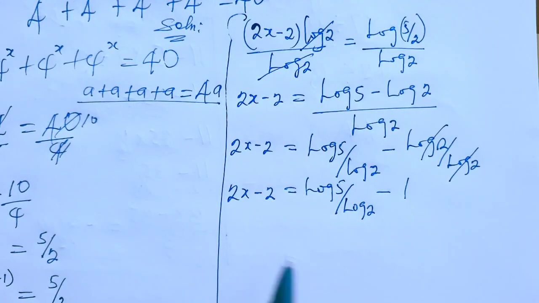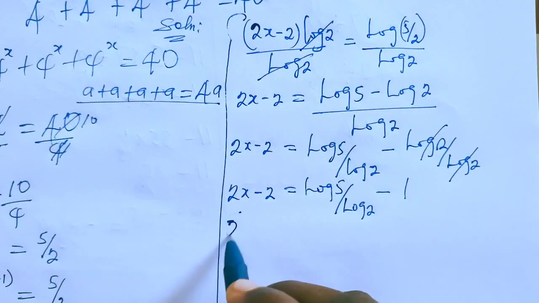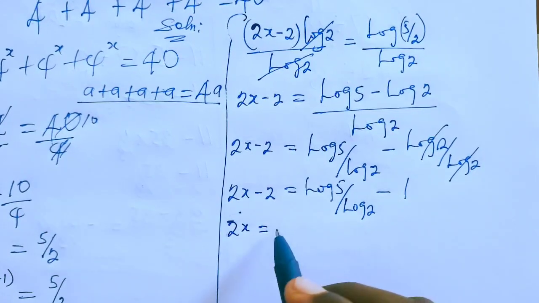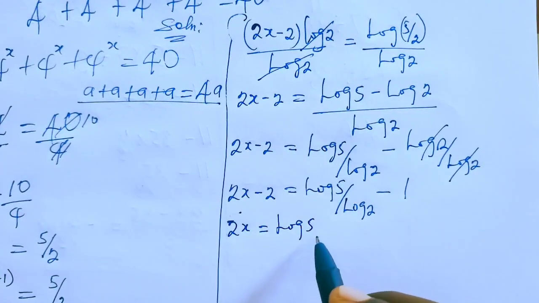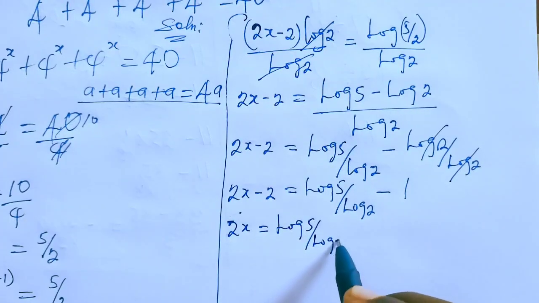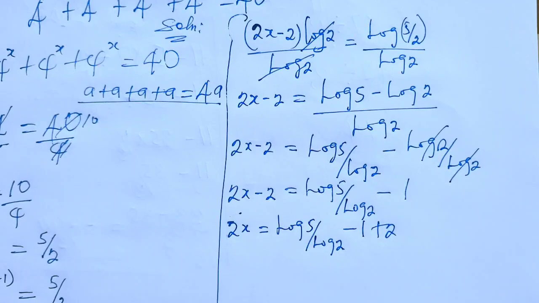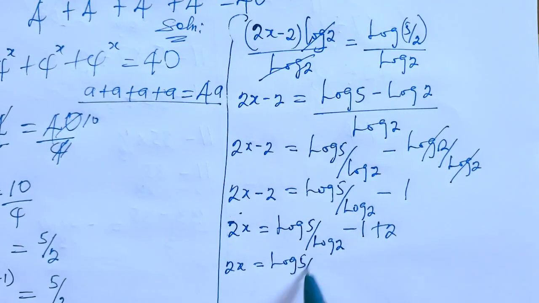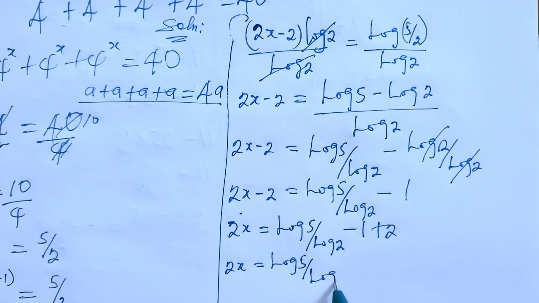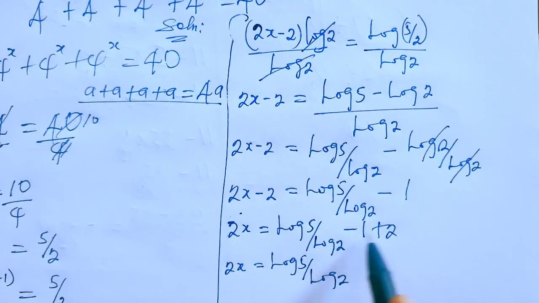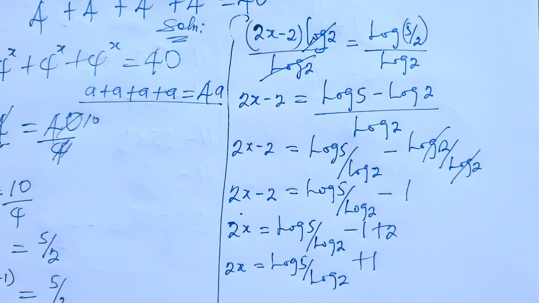Then at this point we are going to collect like terms and the equation becomes 2x equals log 5 all over log 2 minus 1. If you move the 2 down here, it becomes plus 2. Then the equation becomes 2x equals log 5 all over log 2 minus 1 plus 2, that gives us plus 1.